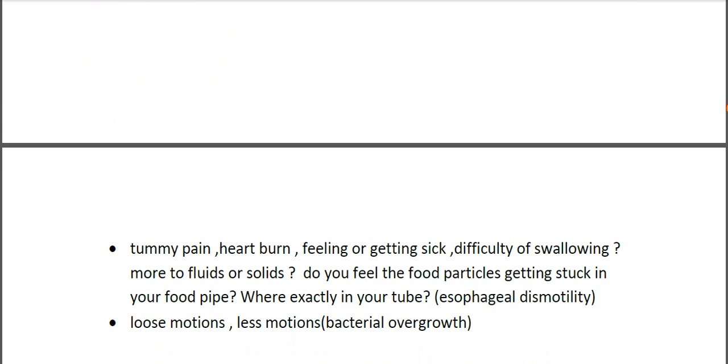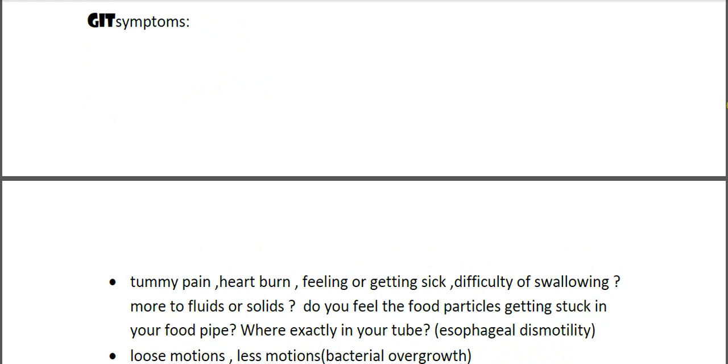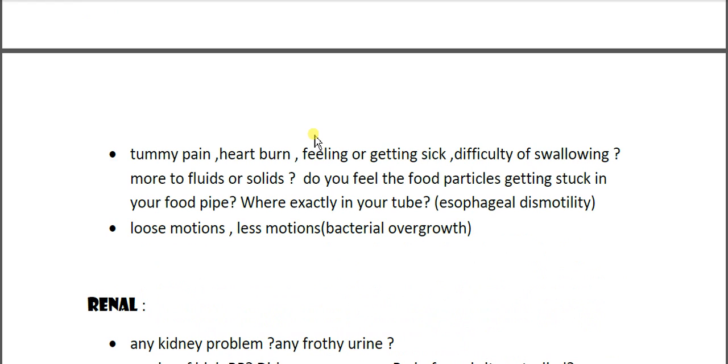GIT symptoms. We know that it has esophageal dysmotility and hypomotility, which can cause some bacterial overgrowth and difficulty of swallowing. So we have to ask about all the gastrointestinal symptoms: any tummy pain, heartburn, feeling sick or being sick, difficulty with swallowing. And if there is difficulty of swallowing, you have to do a good analysis.